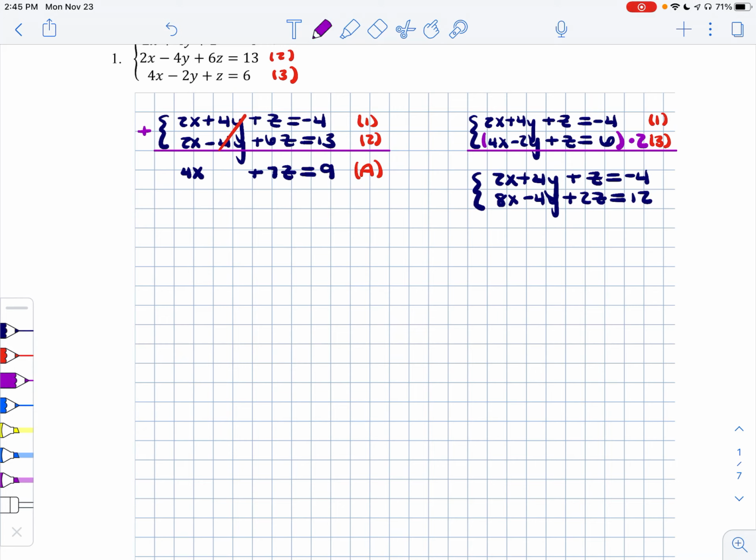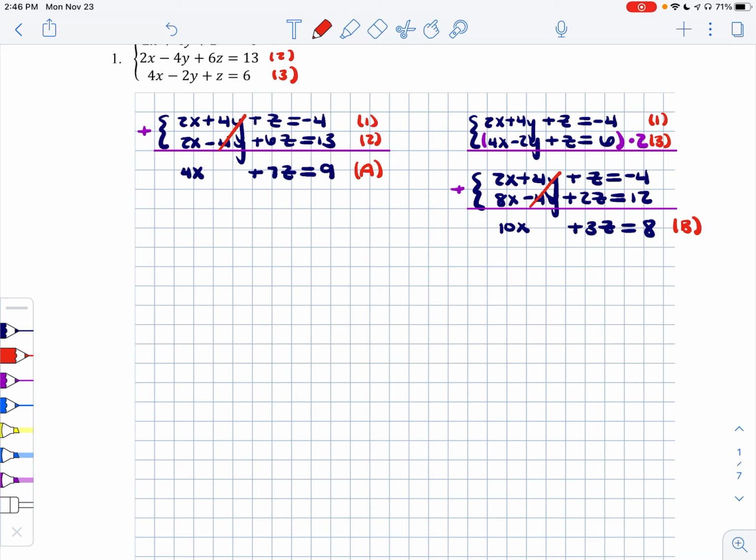Now we can add our equations together. Our y's cancel as we wanted them to, and we get 10x plus 3z is equal to 8. I'm going to call that equation B.